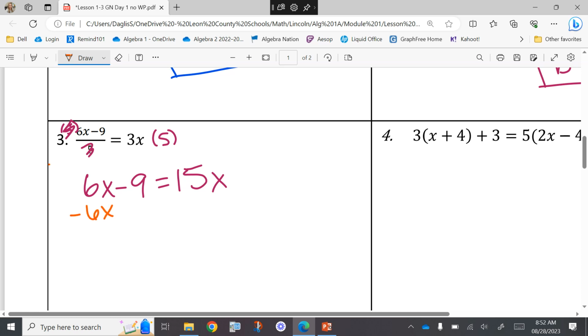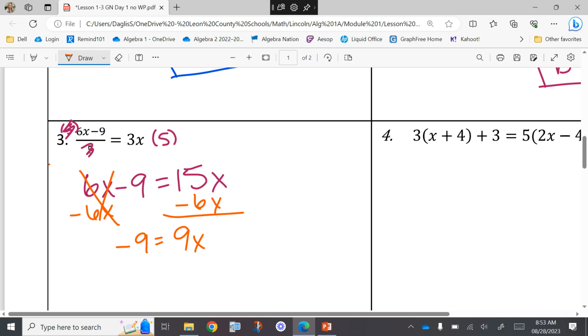So let's subtract 6x from my other x. That cancels this out. Now I have negative 9 is equal to, what is 15 minus 6? 9. Yep. 9x.